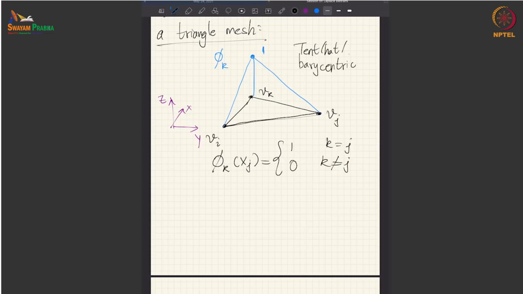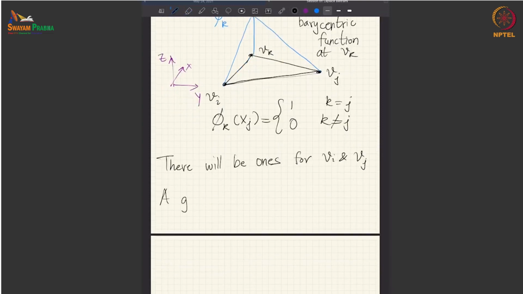So this is the barycentric function at vk, and there would be one at vi and vj as well, which I'm not drawing. So a given triangle therefore has three basis functions, and these are the lowest order bases.